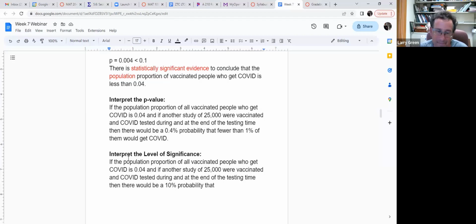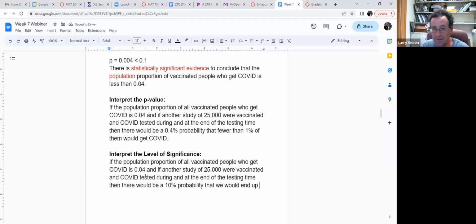means that it was true that 4%, and that's this first part, of vaccinated people get COVID, but you end up rejecting the null hypothesis saying that fewer than 4%. So that we would end up rejecting the null hypothesis.